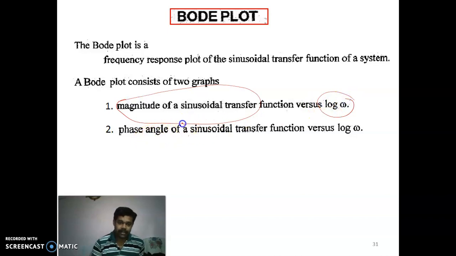The next one is the phase plot, which is a plot of the phase angle of the sinusoidal transfer function versus log omega.